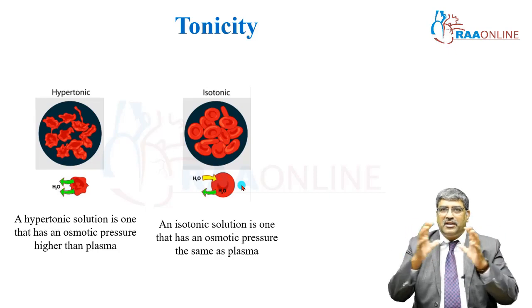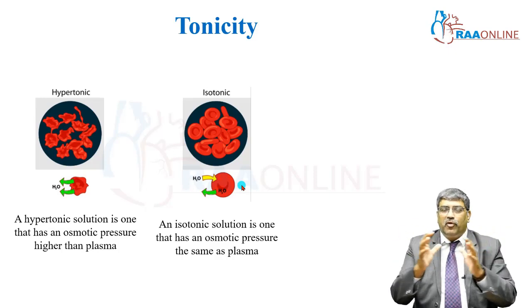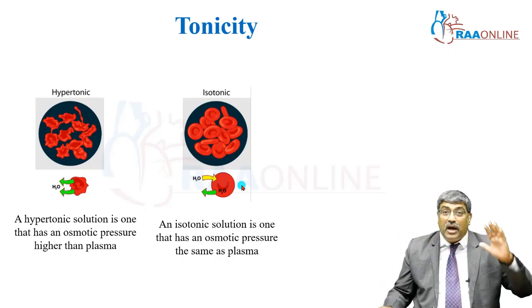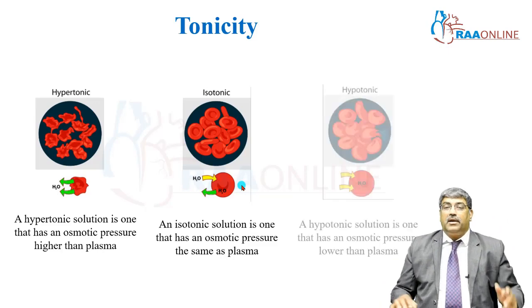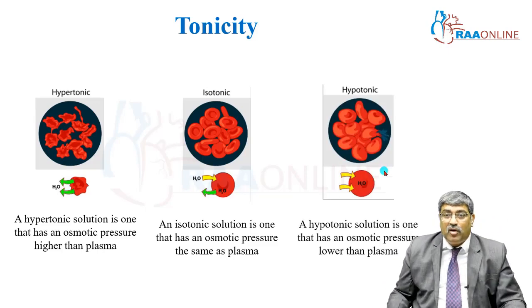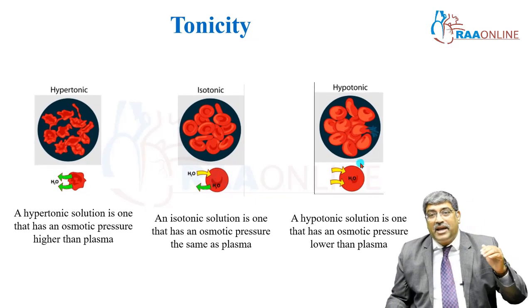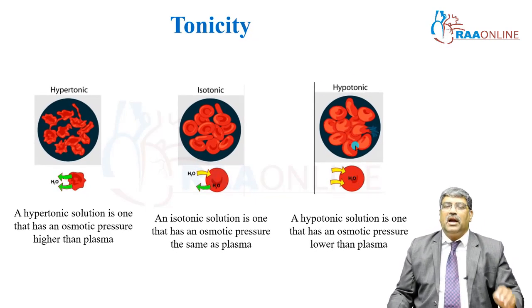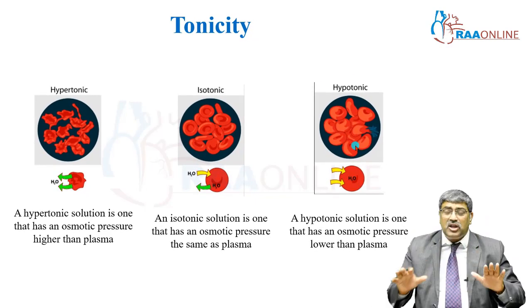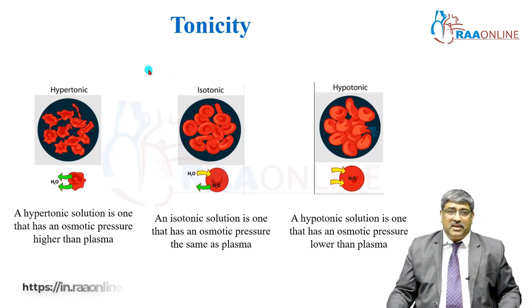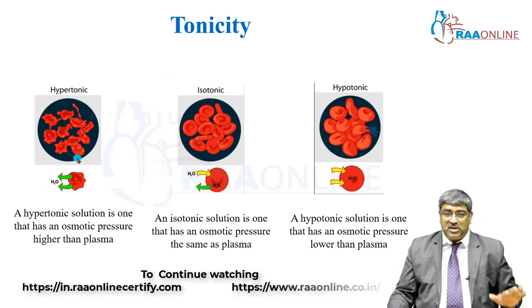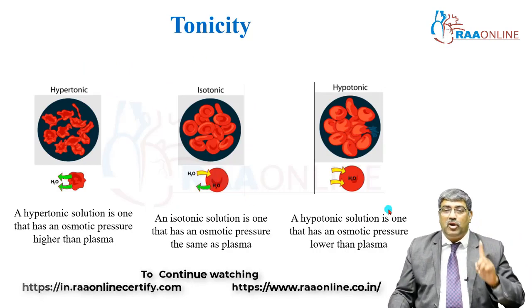The fluid balance between the intravascular and the intracellular compartment is maintained. But if you give hypotonic fluid, it migrates into the intracellular compartment and causes intracellular swelling. So you have to understand that hypertonic solution causes cellular dehydration, isotonic doesn't cause much disturbance, and hypotonic causes cellular swelling.